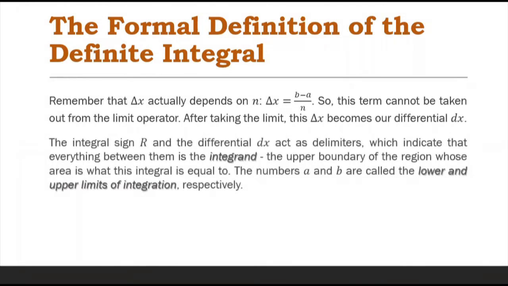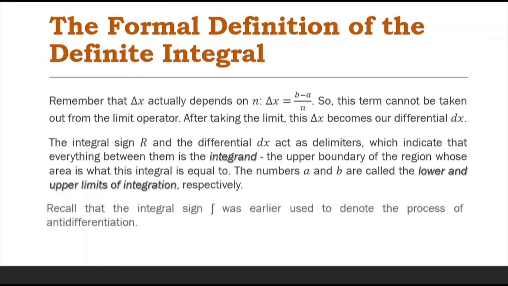The integral sign and the differential dx act as delimiters, which indicate that everything between them is the integrand, the upper boundary of the region whose area is what this integral is equal to. The numbers a and b are called the lower and upper limits of integration, respectively. Recall that the integral sign, an elongated S, was earlier used to denote the process of anti-differentiation.